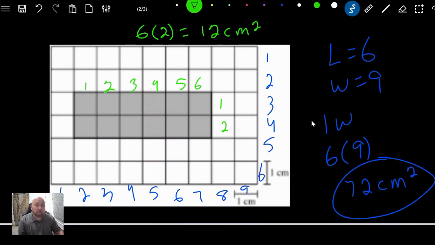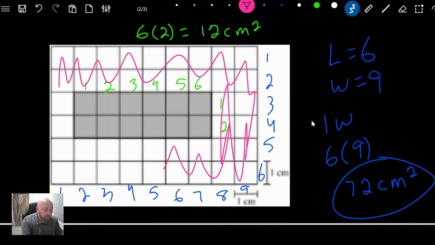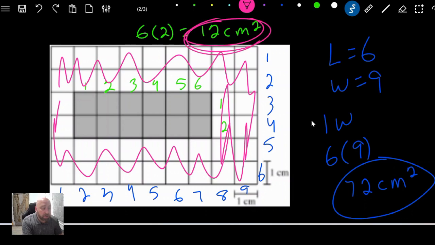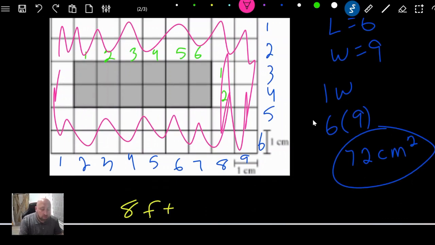Okay, now, what if I want the area of the non-shaded part? So in other words, I want the area of this white part. I don't want this. I want to exclude that. How could I do that? Well, all I would do is take the area of my big rectangle, my 72 centimeters squared, and subtract the area of my small rectangle, my 12 centimeters squared.